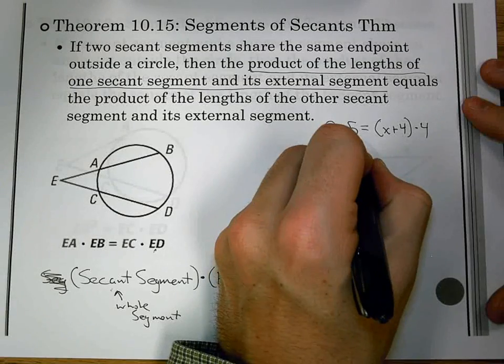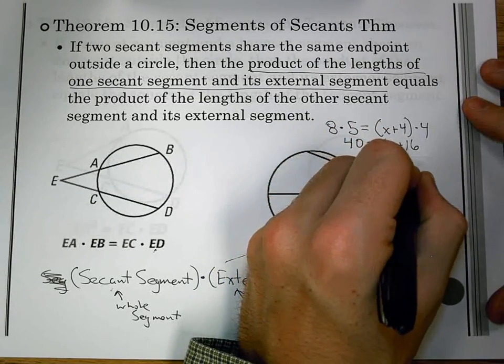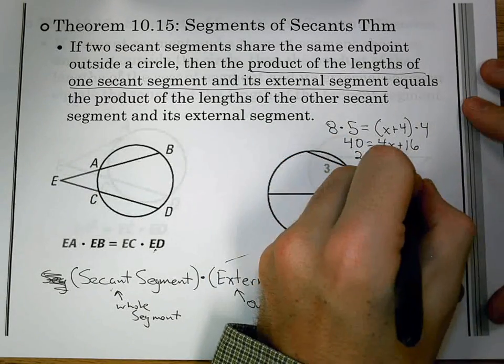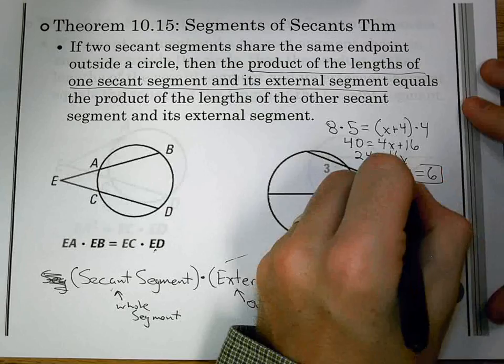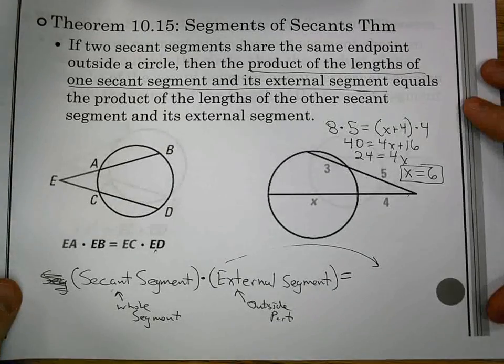That gives me 40 equals 4x plus 16, becomes 4x equals 24, and eventually we get x equals 6. Okay, that's going to be the process as we go through for our secant segments.